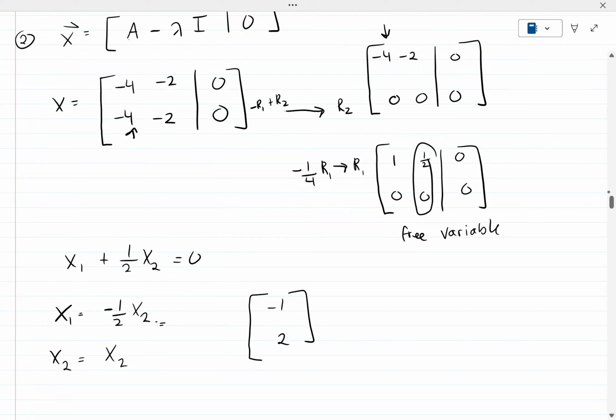This was originally a vector negative 1/2, and then this is 1. I didn't like that fraction, so what I did was I multiplied both sides by 2, right? So I multiplied by scalar 2, and then that's how I got this vector. And that means lambda is equal to 4.